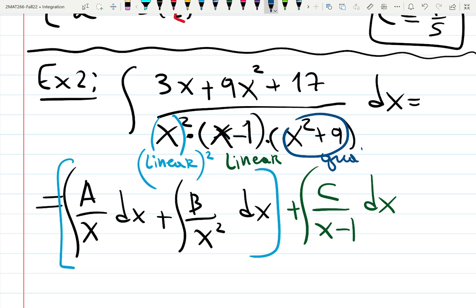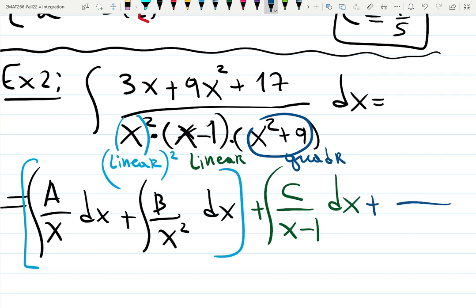And quadratic has the shape like so. You will put it in the denominator, x squared plus 9. And the numerator has to be linear because it's one degree less, which is ax plus b. But since we used A and B, let's use more letters, which is what? Dx plus E, F, you choose. Don't choose x. Okay.